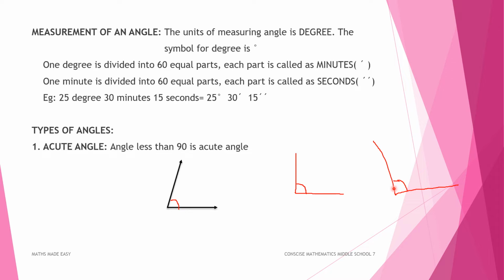It is slightly slanting towards this side, so it is more than 90 degree. See here, this one will be 90 degree, but it is towards the right side, towards the inside, so it is less than 90. So this angle is considered an acute angle. That is, if it is 45, 30, 20, 10 degree, or even 85, 89, it is considered an acute angle.